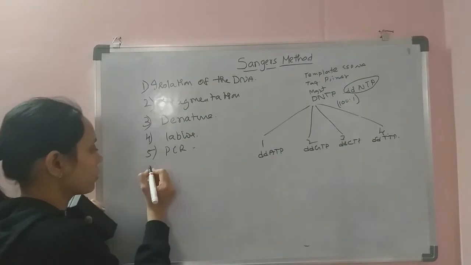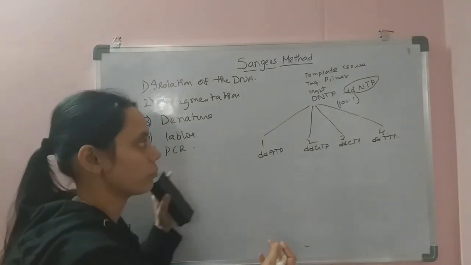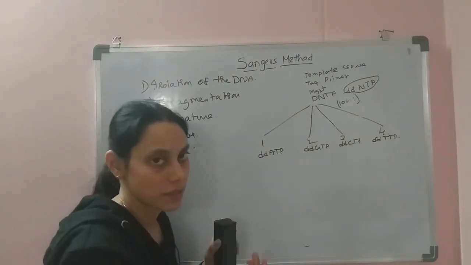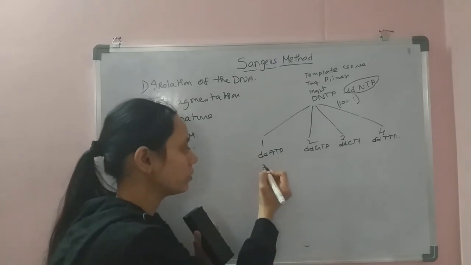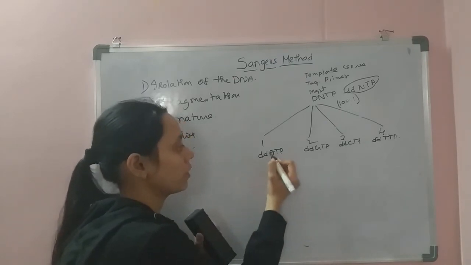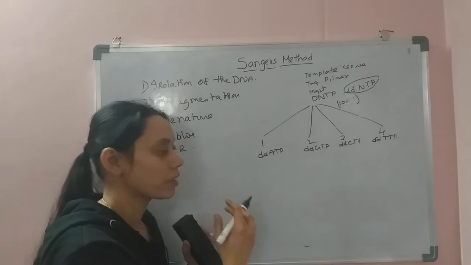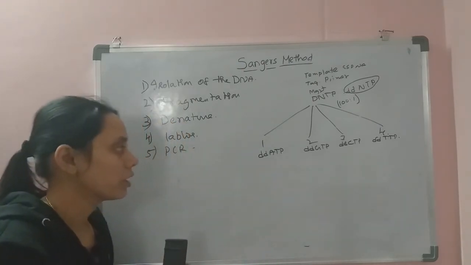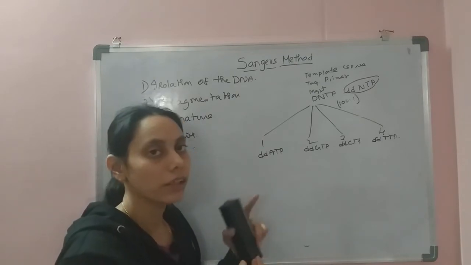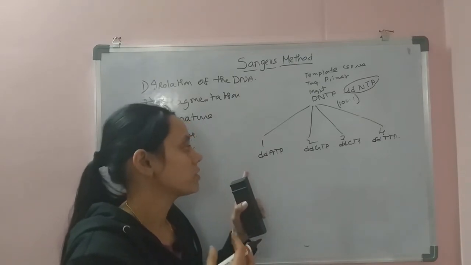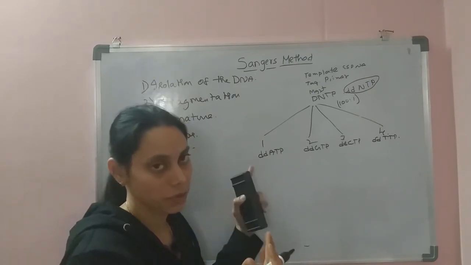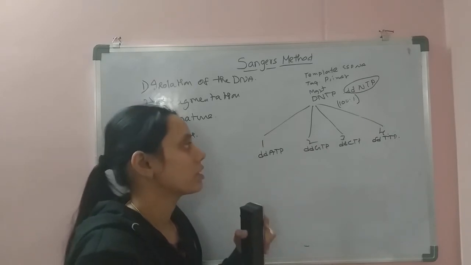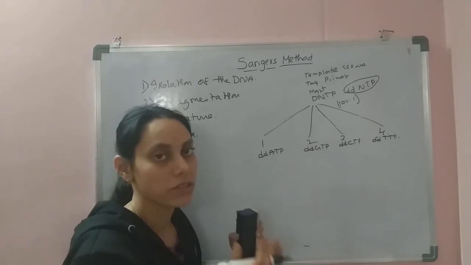So the PCR reaction will be carried, the DNA will be synthesized, and in reaction tube 1, wherever it need to add an adenine triphosphate, that means this ddNTP need to be added, there is a chance of termination.